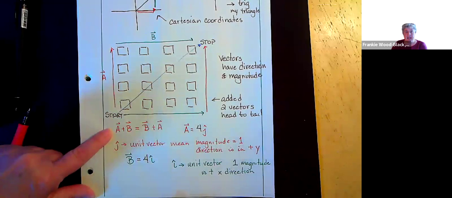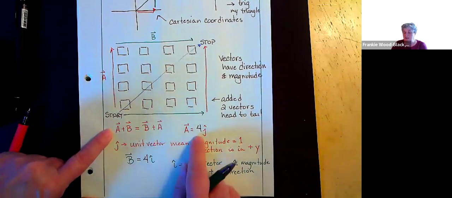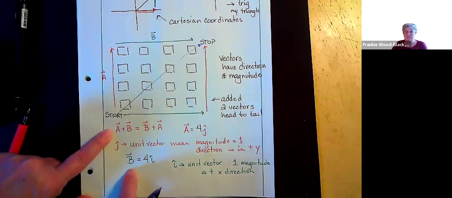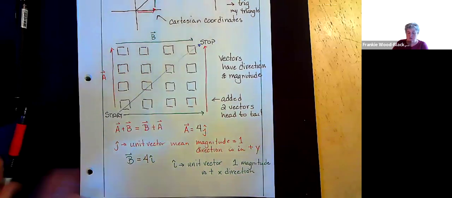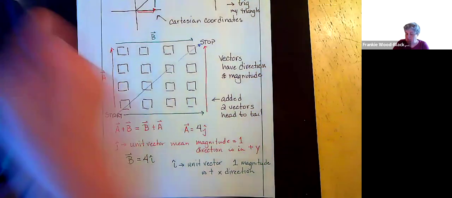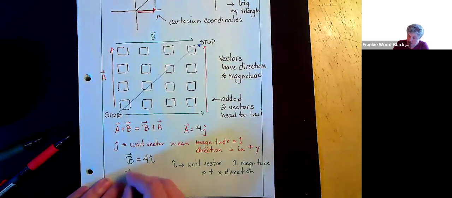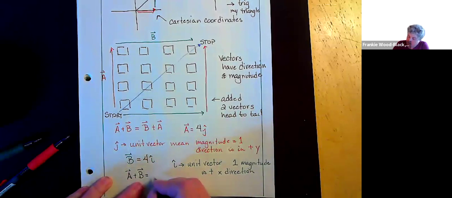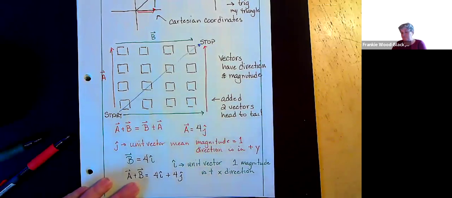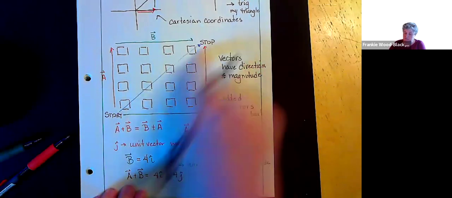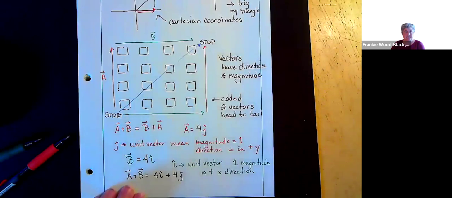So for my vector A plus B, I can only add the y's together, and I can only add the x's together. So my vector A plus B is going to equal 4i plus 4j. That's what this vector is, 4i and 4j.